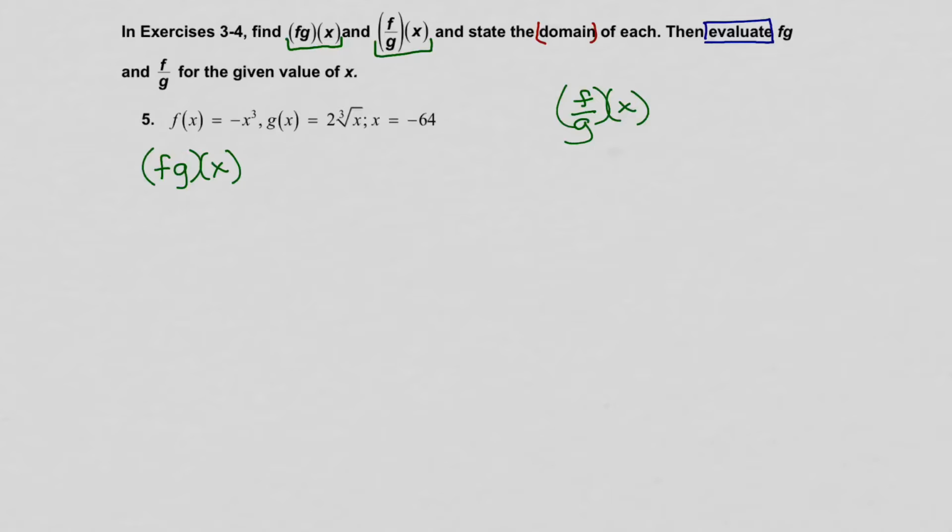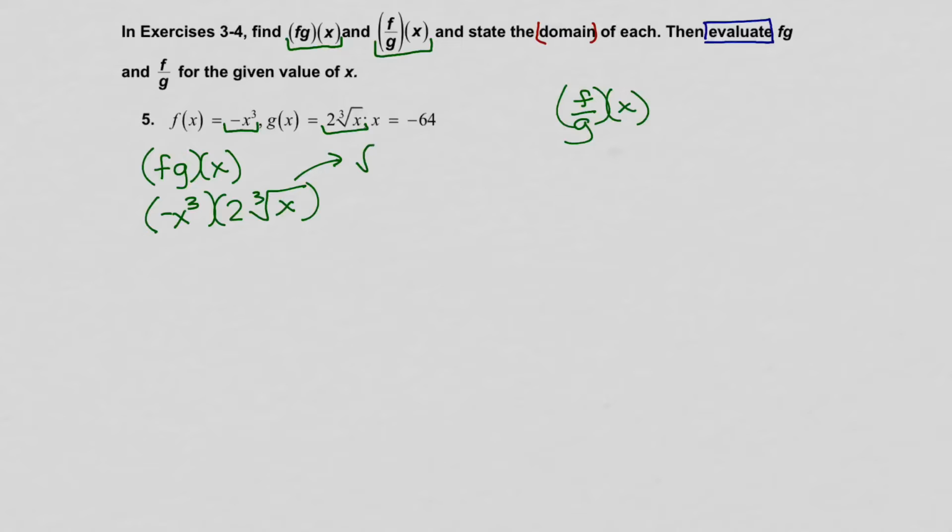So let's first start by identifying what is f of x. And if you notice, it gives it to us. It tells us that f of x is negative x to the third power, and g of x is 2 times the cube root of x. Just as you would expect, we write them next to each other in parentheses, but it looks a little confusing like this, and I would much rather see this term written as an exponent.